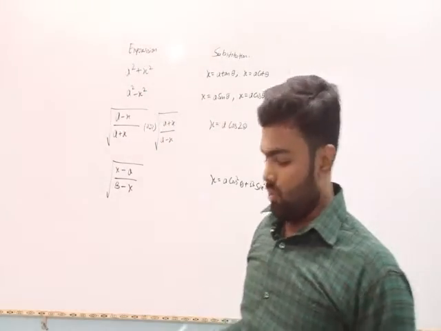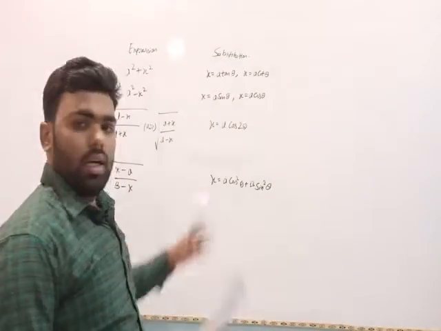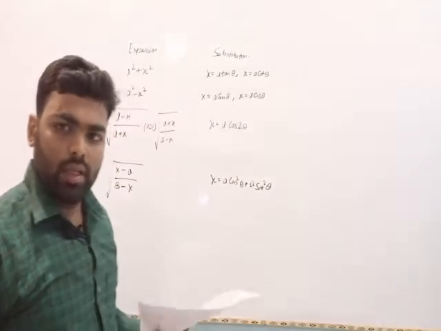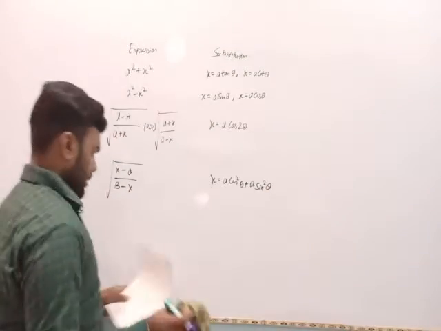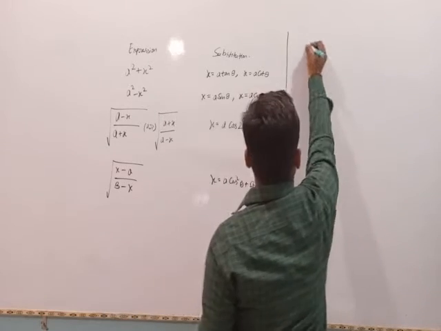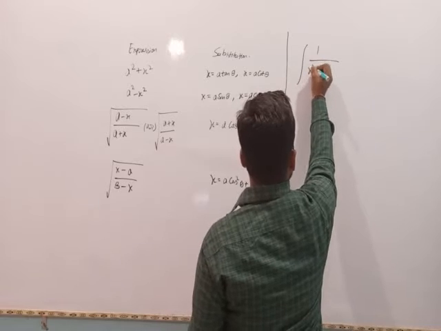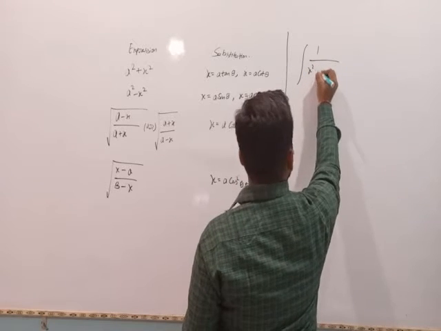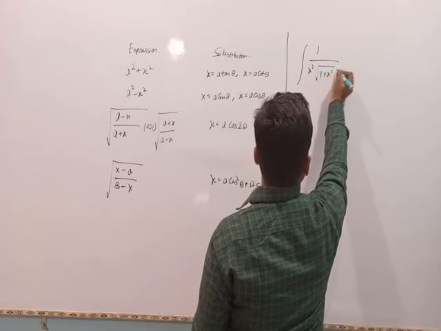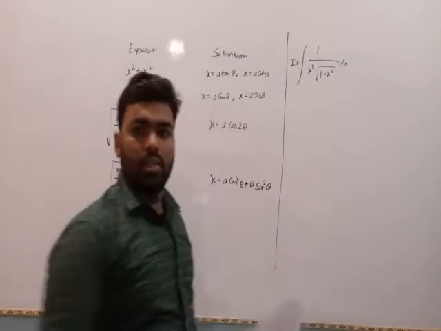Now let us see one more example in which we use a trigonometric substitution. The question is: integration of 1 upon x square into root of (1 plus x square) dx. We need to find this integral.